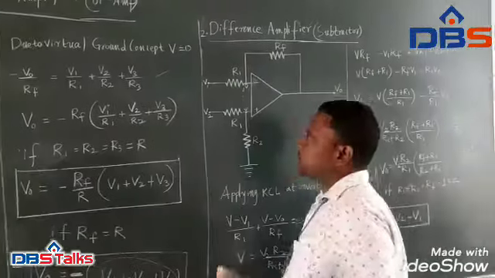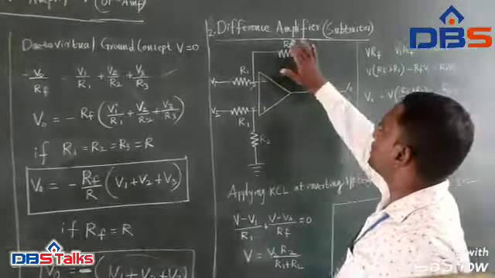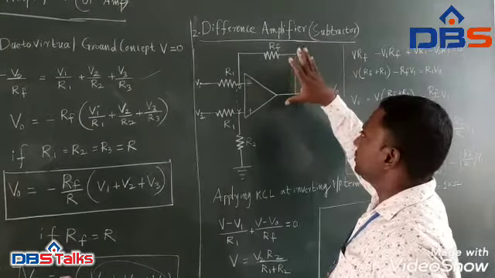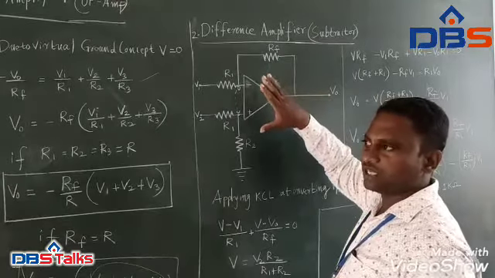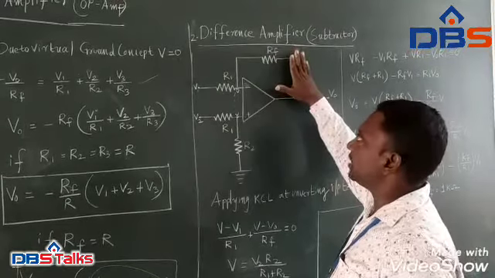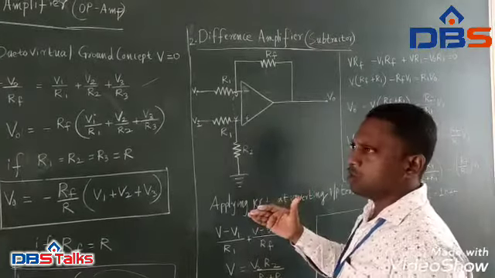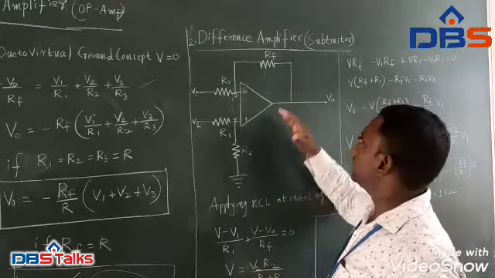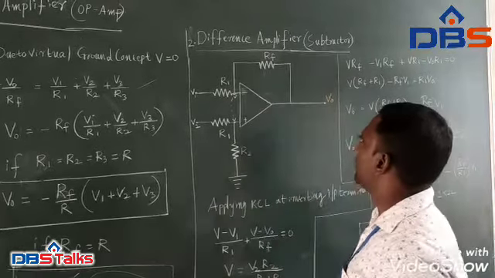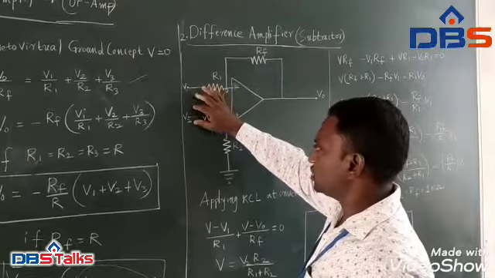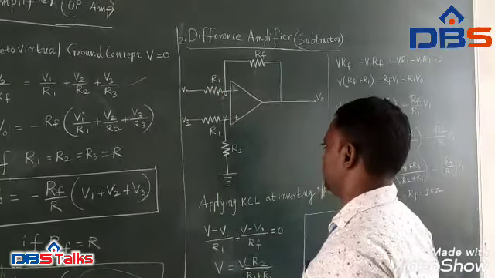Okay. Next, coming to the second one, the difference amplifier or subtractor. Here the operational amplifier is used as a differential amplifier, or difference amplifier, or subtractor. If you want to subtract two voltages, then we can use this difference amplifier or subtractor. Now I want to subtract these two voltages, V1 and V2.